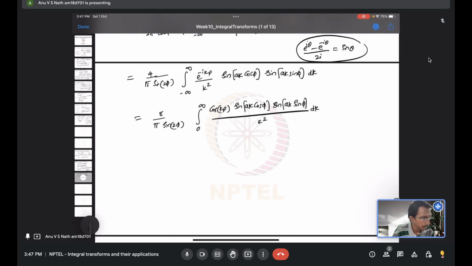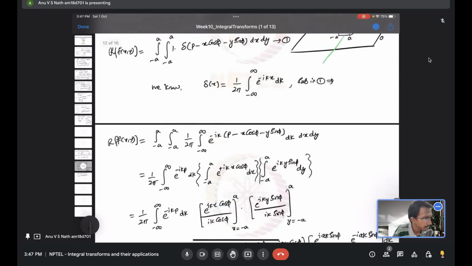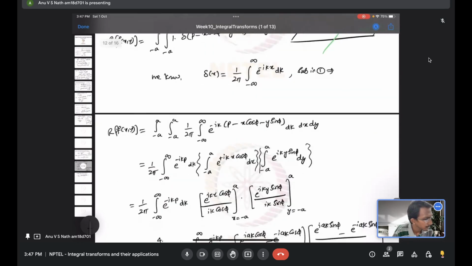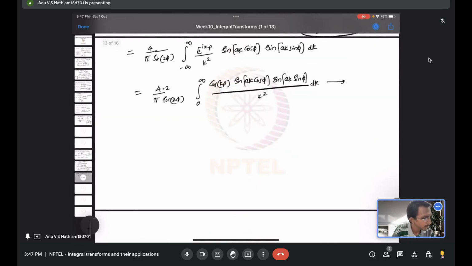Okay, let me keep it as 4 times 2, and we will now use the property of the trigonometric functions. Let's say this expression we will call expression 2. Now we will use 2 sine a cos b, which is just sine of a plus b plus sine of a minus b.